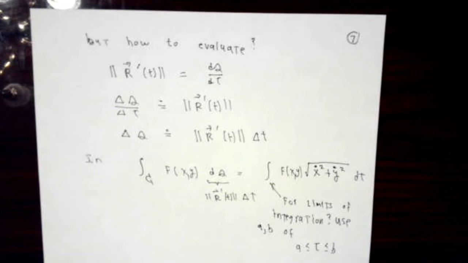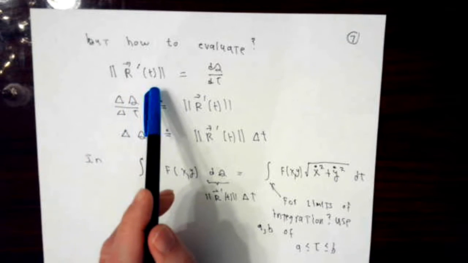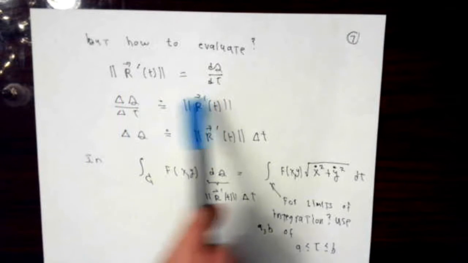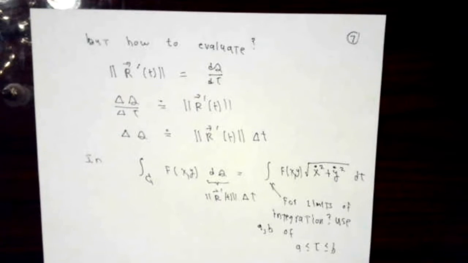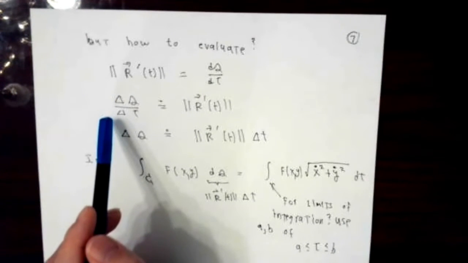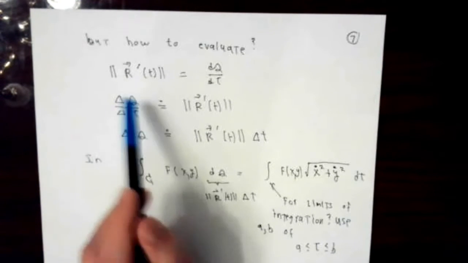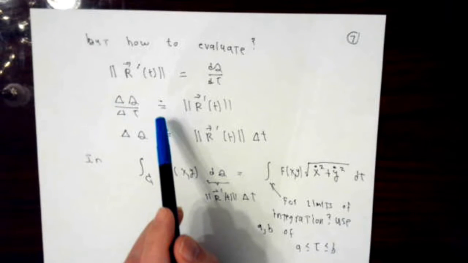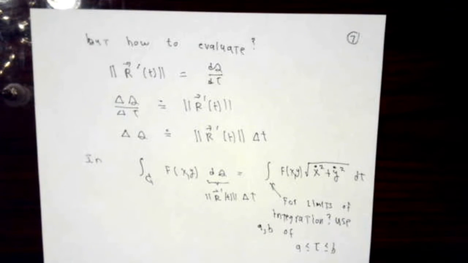If you remember from chapter 11, the magnitude of the derivative of the position is the rate of change of arc length with respect to time, meaning that the amount of arc length over the amount of time, this is an actual fraction now, is approximately the value of the derivative. So the change in arc length is approximately the magnitude of r prime at t times how much you change the t.